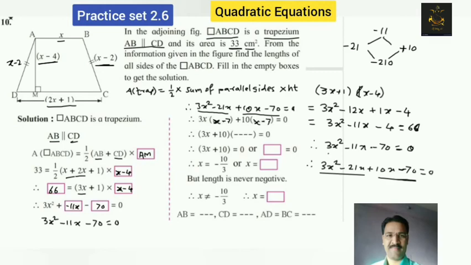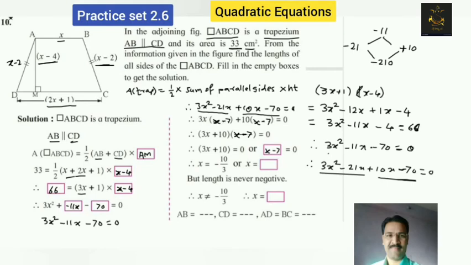Understand, friends? So we'll take x minus 7 common, then 3x plus 10 remains, and here this is x minus 7. Now after that, 3x plus 10 is equal to 0, or x minus 7 equal to 0.